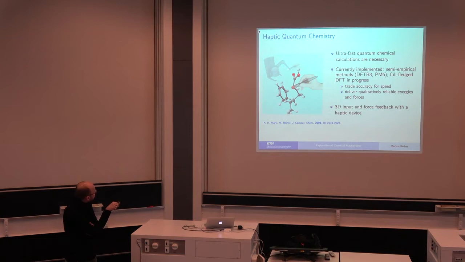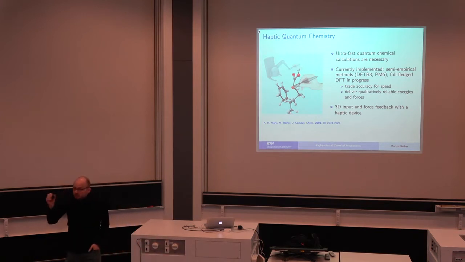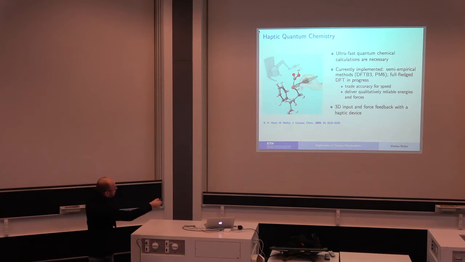It's a force feedback pointer device where you basically hold a pen, and the pen is connected to some electrical engines, and the pen is an input device, but at the same time also an output device. So you have basically 6-dimensional input and 3-dimensional output, which allows us to grab an atom, move the atom around.